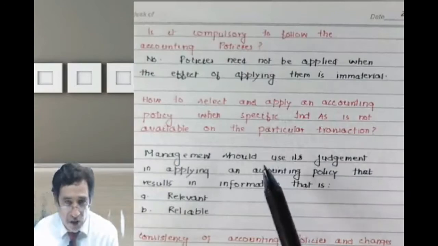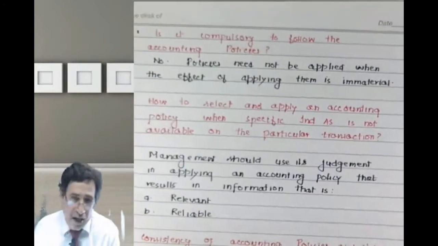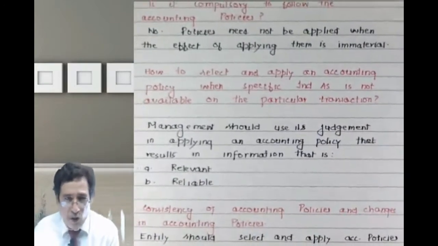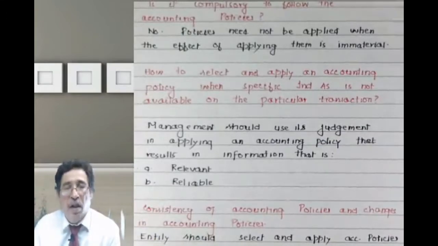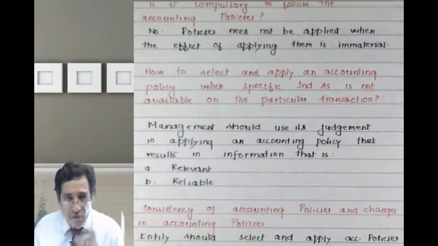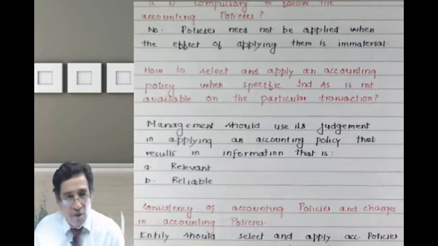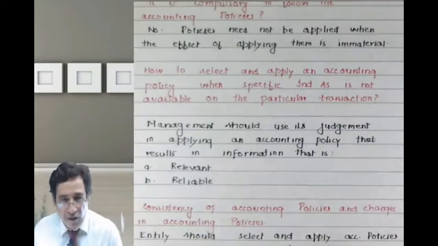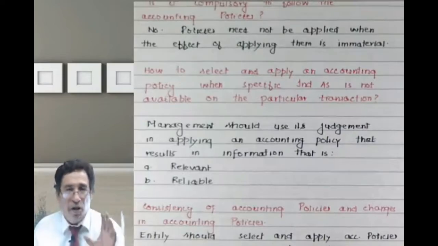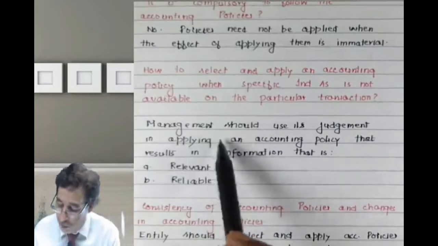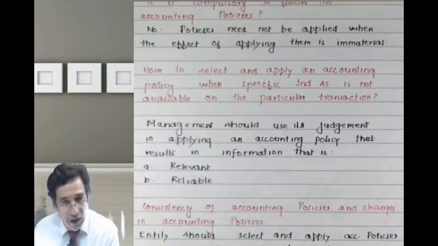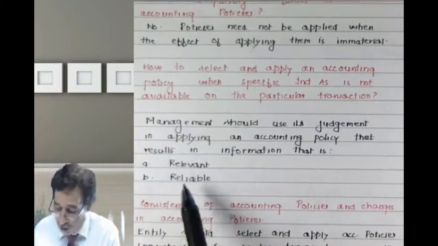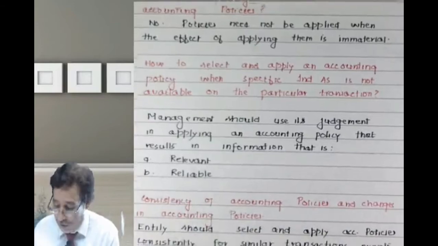Whenever you select an accounting policy for a particular transaction, the basic intention should be to give a faithful representation, so that the information is absolutely relevant and reliable. Is it clear to you? So management should use its judgment in applying an accounting policy that results in information that is relevant and, of course, reliable. Is it clear to you?